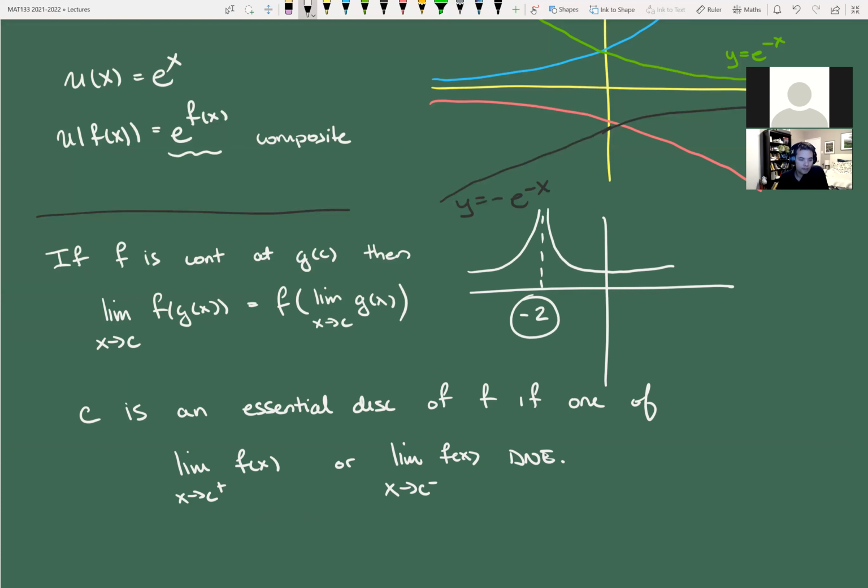That's how you would describe where it is on the graph. Yes, exactly, at x equals -2 there is an essential discontinuity, and you would make the argument that, in this case, neither one-sided limit exists, but all you really have to show is that one of the one-sided limits doesn't exist.